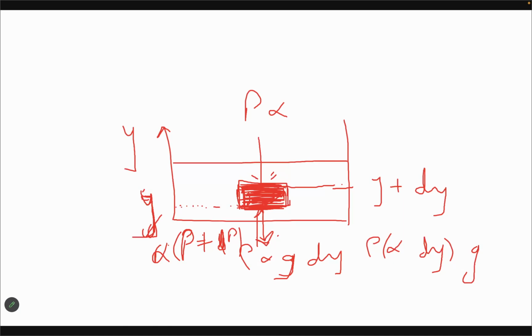Nevertheless, we need to make an approach towards it, only then we'll come to an inference. P plus dP into alpha, P into alpha, and rho alpha g dy. These are the forces in their respective directions. Please go for algebraic addition and equate them to zero.